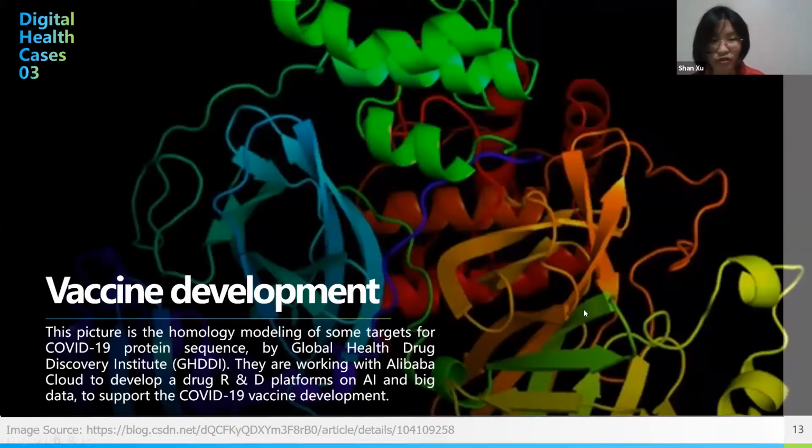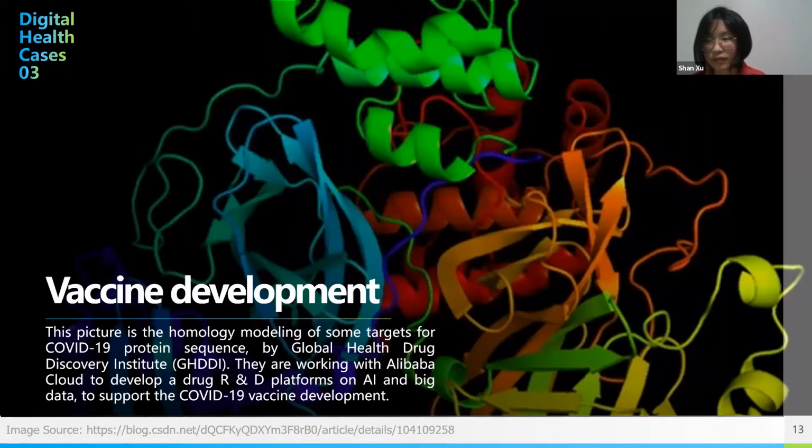And in this picture, what I want to show is that AI also helps with vaccine development. This picture is a kind of modeling of a target for the protein sequence of the coronavirus.